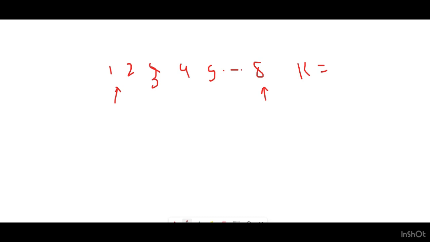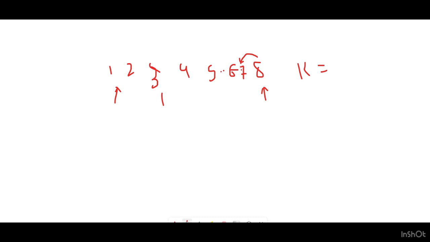Suppose that after swapping the numbers, the value we got was greater than k. Suppose that after swapping 8 and 1, the value we got was greater than k. Then we will swap 7 and 1 instead, and we will keep repeating this process until the pointers don't cross each other.